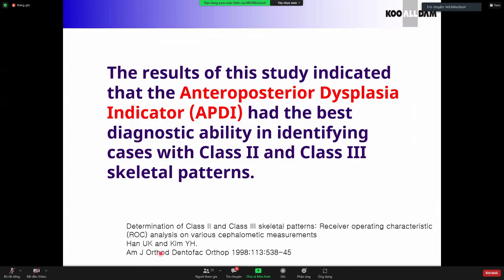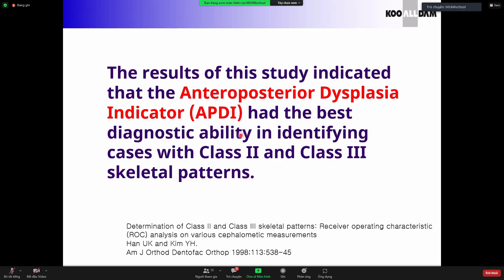Dr. Han researched this, and the result of this study indicated that the anterior-posterior dysplasia indicator, shortened APDI, has the best diagnostic ability in identifying cases with class 2 and class 3 skeletal patterns.